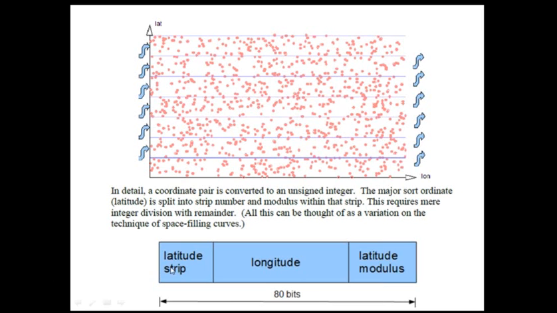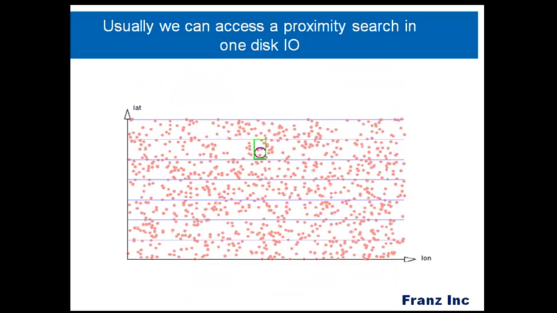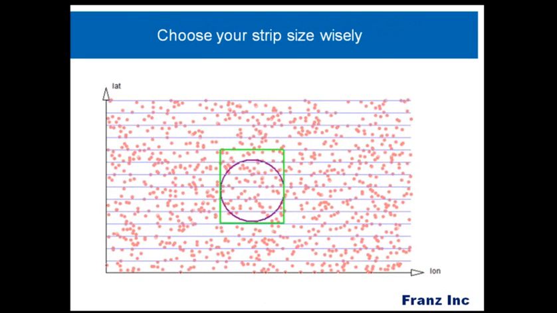Within the 12 bytes, we can store a particular strip for a place, and then the longitude and the latitude, and do all kinds of interesting indexing that's described on our website, so that in general you use only one disk I/O to get to a particular thing that you were looking for. This is for the purely tech guys, so let's not go too deep here. As long as you choose your strip size wisely, you can reduce the number of I/Os and get your data as fast as you want it.